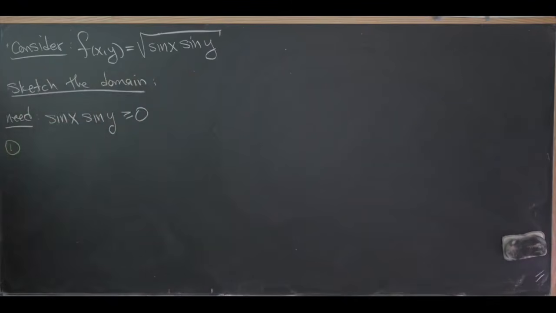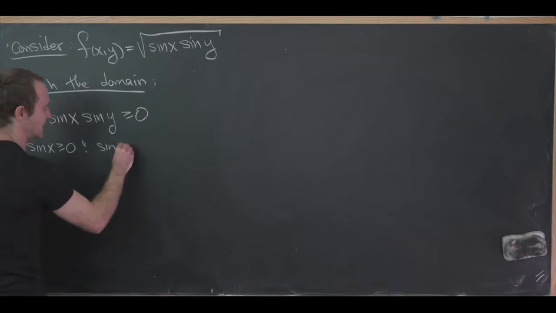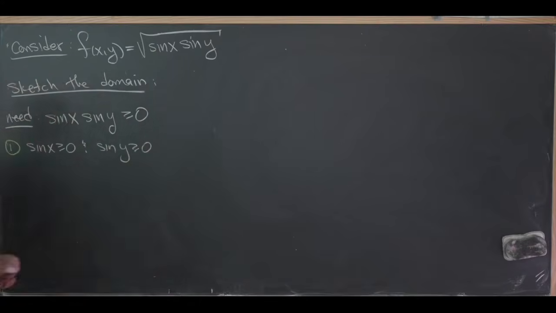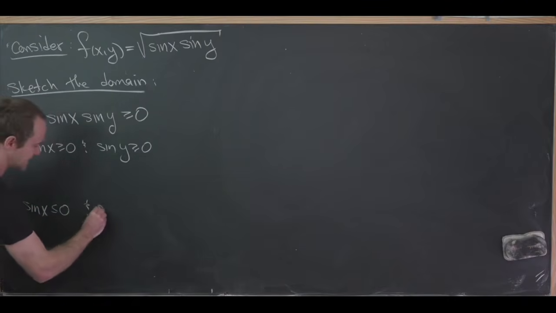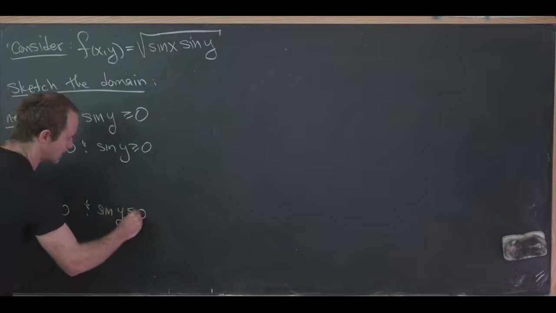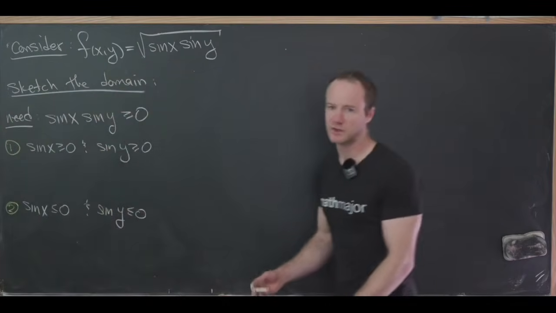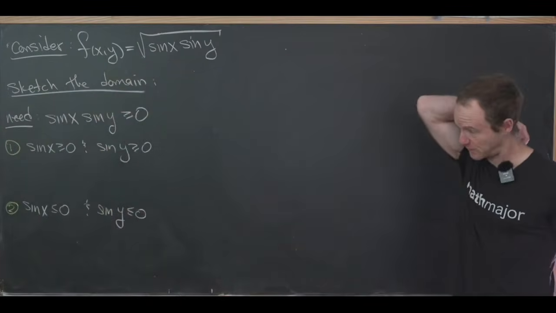So possibility number 1 is that sine of x is bigger than or equal to 0, and sine of y is also bigger than or equal to 0. And then possibility number 2 is that sine of x is less than or equal to 0, and sine of y is also less than or equal to 0. Then you're multiplying 2 negative numbers and you get a positive number.